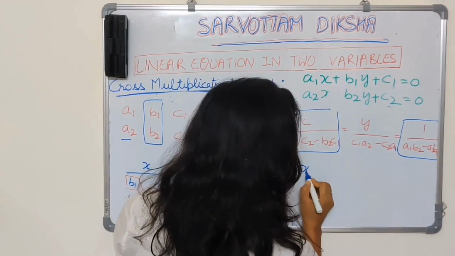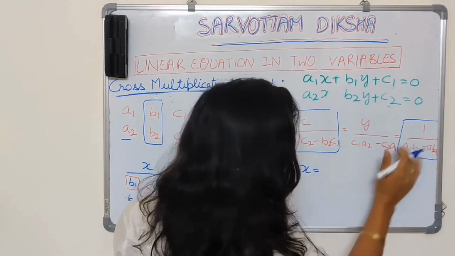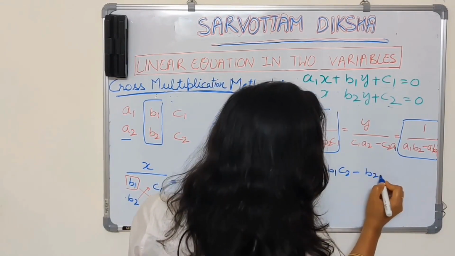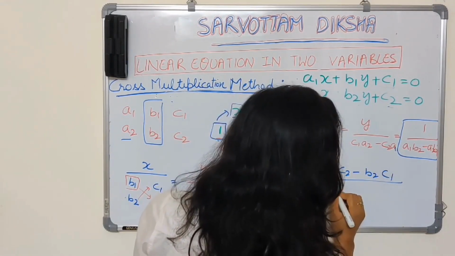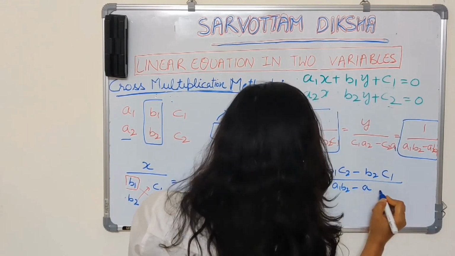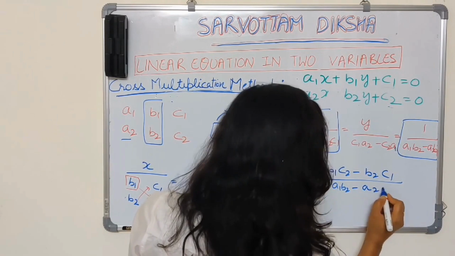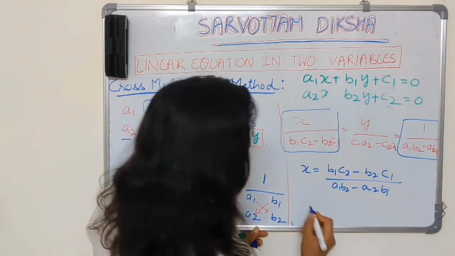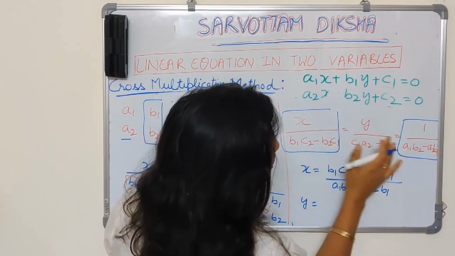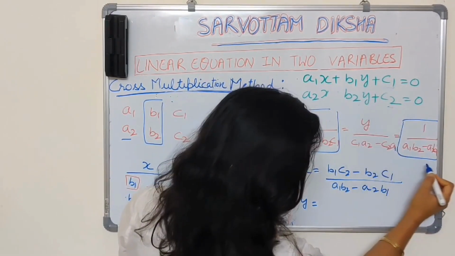Now what is X equal to? X is equal to, doing the cross multiplication, B1 C2 minus B2 C1 upon A1 B2 minus A2 B1. Similarly, Y is equal to, now leave the X part, do cross multiplication with these two terms.